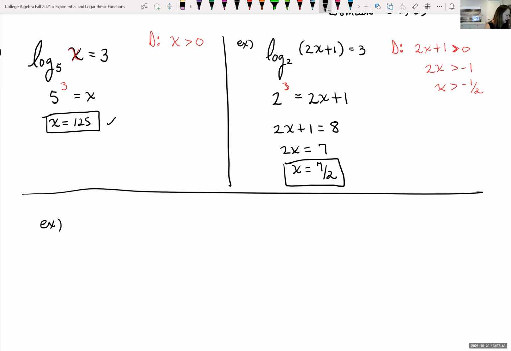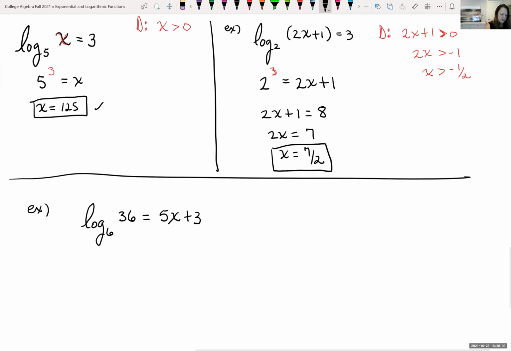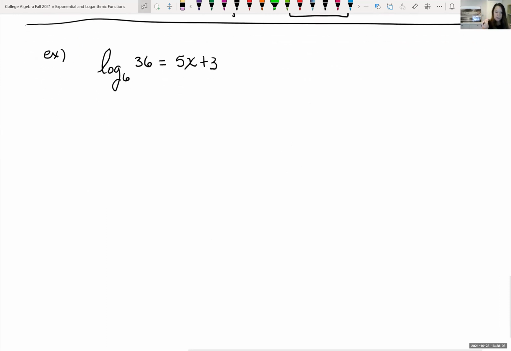Let's say we had log base 6 of 36 is equal to 5x + 3. In this case, where my variable is, I don't have to worry about the domain.